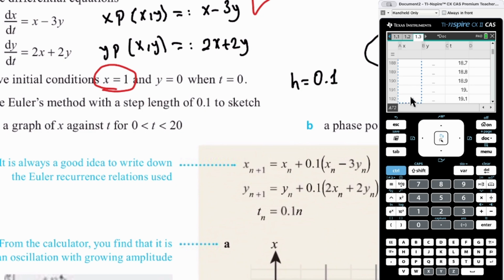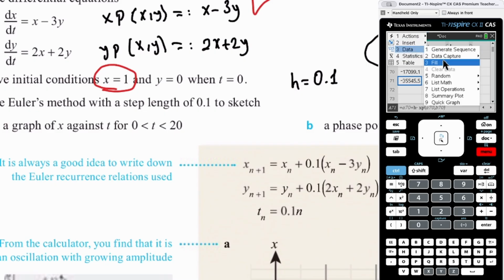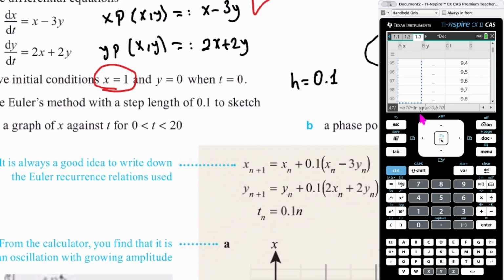Okay, go down. It doesn't feel right. I mean, it takes time a bit, but the idea, menu, data, fill, it sometimes gives error, and enter.